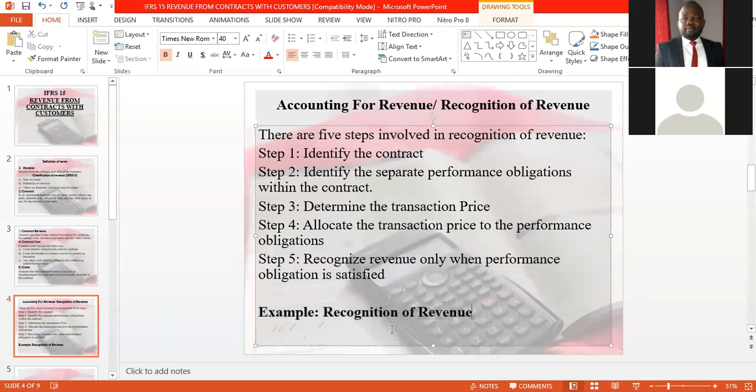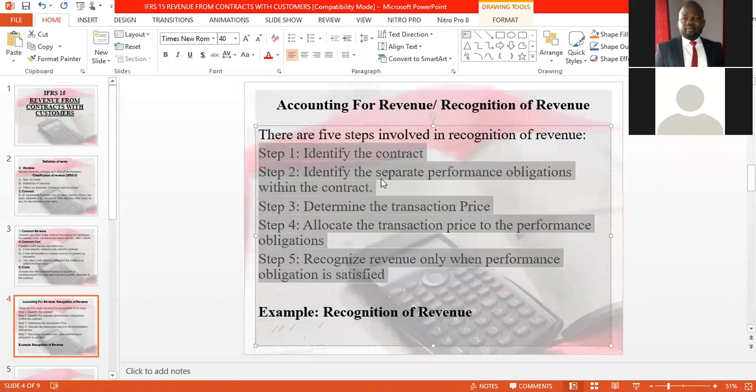Now we are just interested in knowing how much revenue we should recognize. What is step 1? Because I will not come back to this. Identify the contract. Step 2, identify the separate performance obligations. Step 3, determine the price. Step 4, allocate the transaction price to the performance obligation.